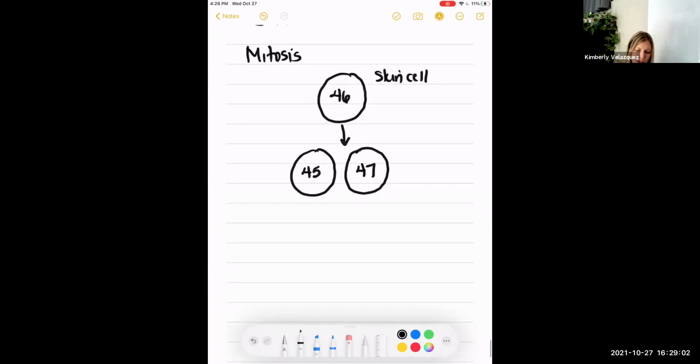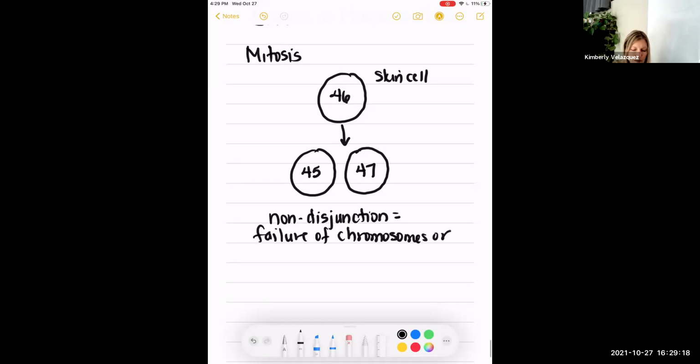This usually occurs due to something called non-disjunction, which is failure of the chromosomes or chromatids, depending if we're talking about meiosis or mitosis and which stage, to separate correctly during cell division.